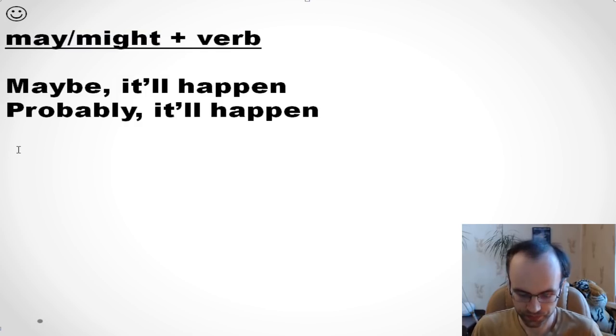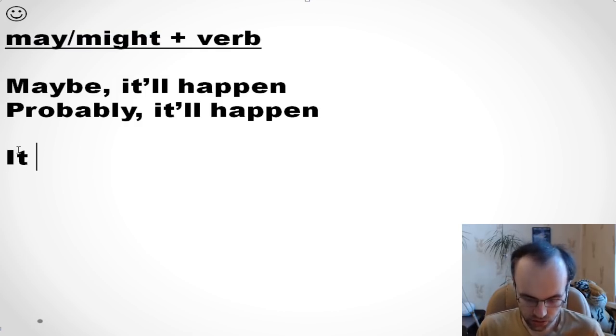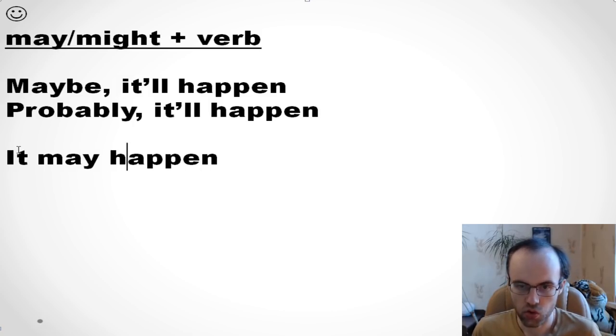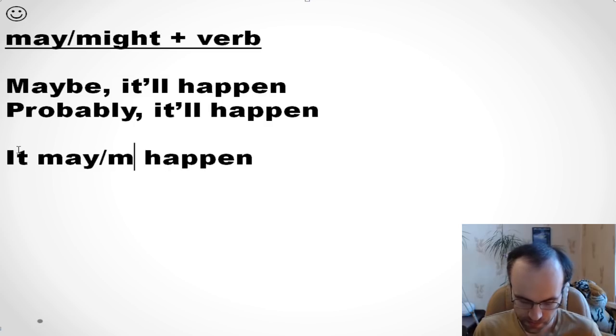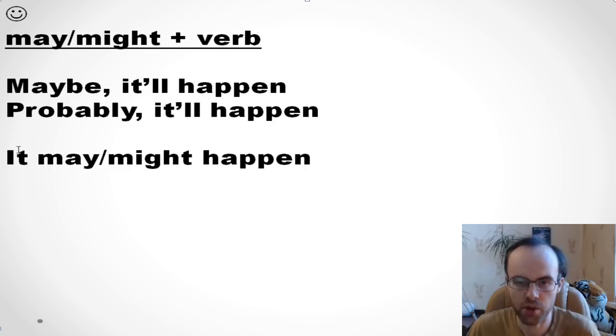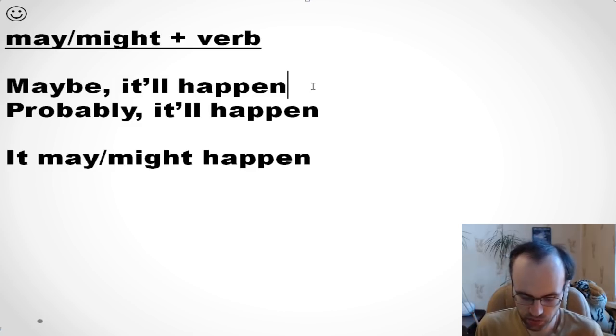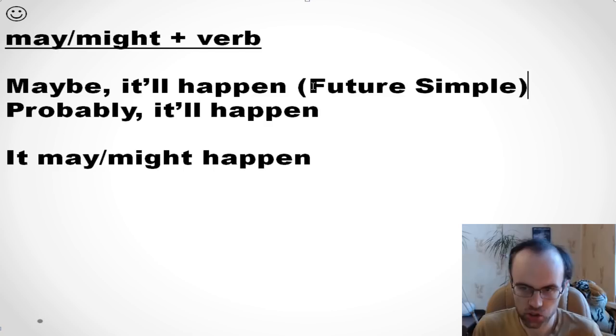You can say it may happen, or it might happen. So if you have maybe, probably, you need future simple, will, or its short form, or may, might plus verb.